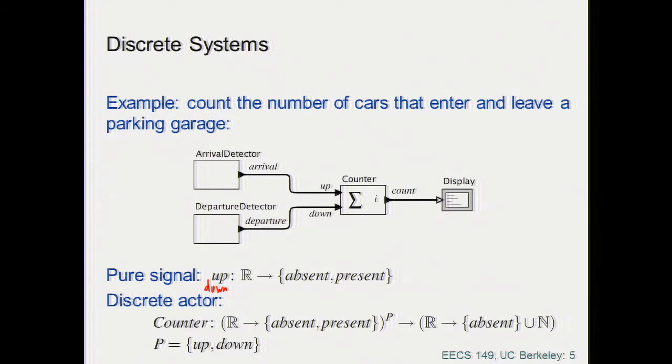Now, discrete systems. What are discrete systems? Discrete systems deal with discrete signals. What is a discrete signal? The intuitive notion is that you don't have a continuum of values, but you jump from one value to the next. In general, our mind is used to thinking about a discrete model where there is a finite number of levels of the signal, but it doesn't have to be that to be discrete.